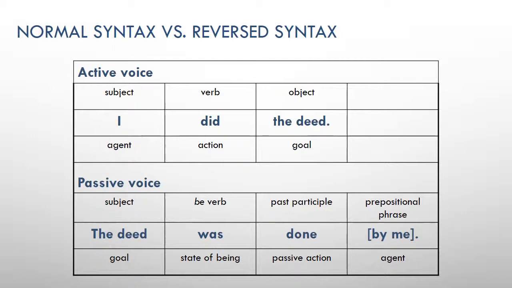In passive voice, this is completely reversed, where you have "the deed was done by an agent," if I wish to include an optional prepositional phrase to reveal the agent. And so you can see in this chart how passive voice reverses the normal subject-verb-object syntax that English prefers. And I might add that readers prefer.